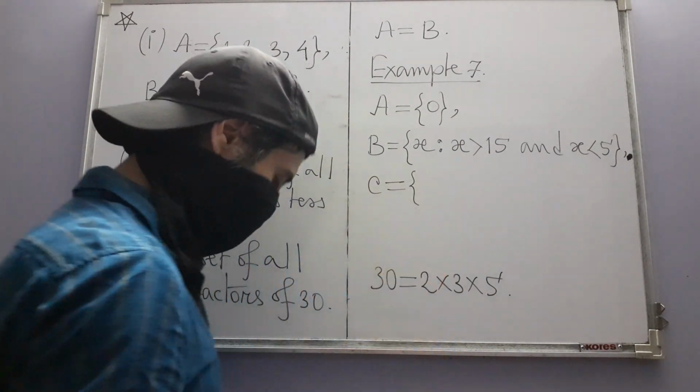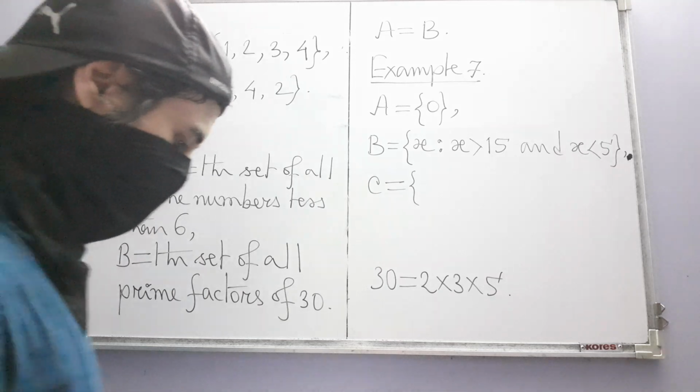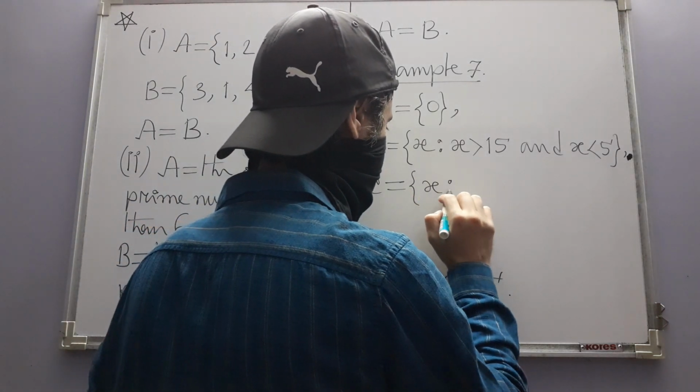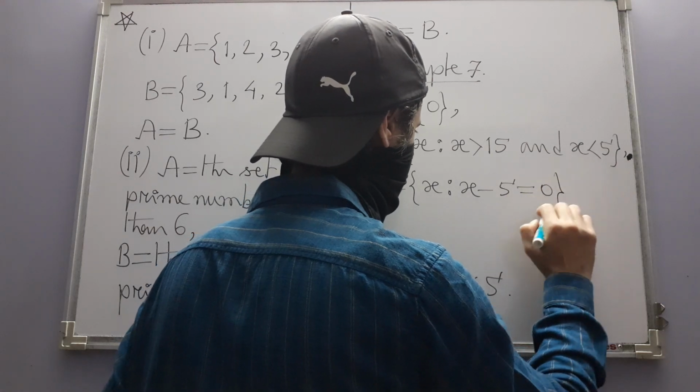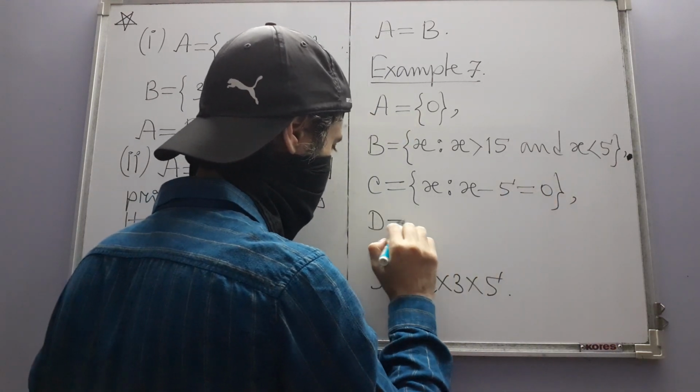C is the set of all x such that x minus 5 is equal to 0.